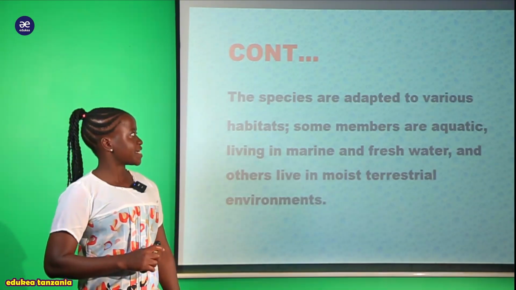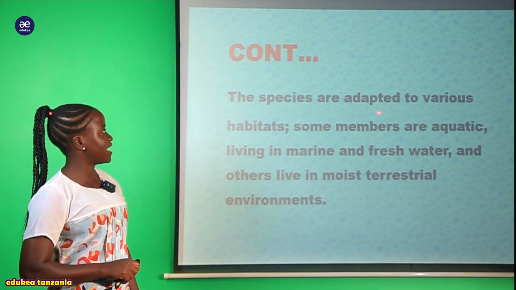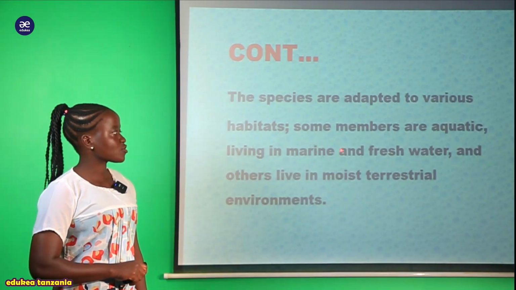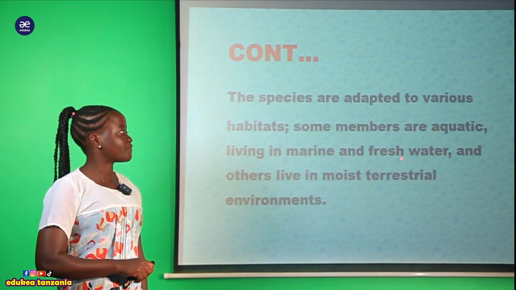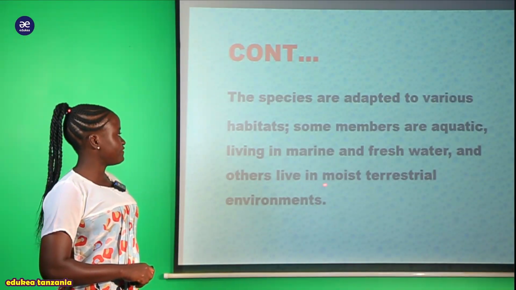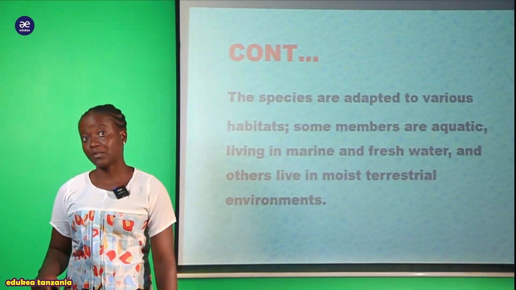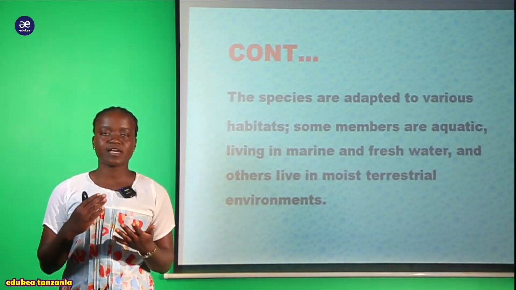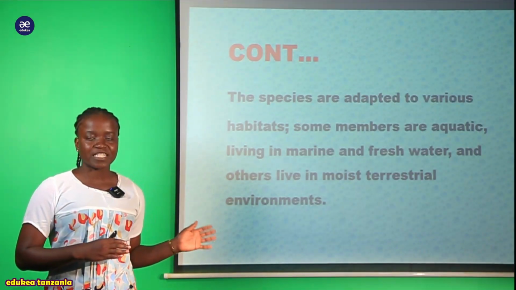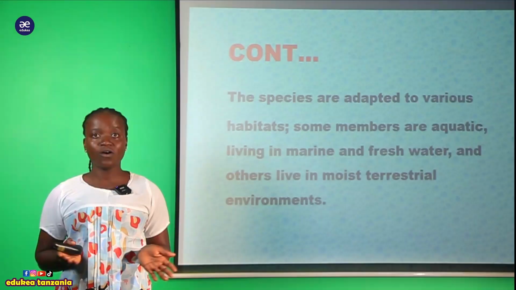So my students, the species are adapted to various habitats. Some members are aquatic, living in the marine and fresh water, and others live in moist terrestrial environments. A good example here is the earthworm, because we are familiar with it. Even the leeches, we are familiar with them.